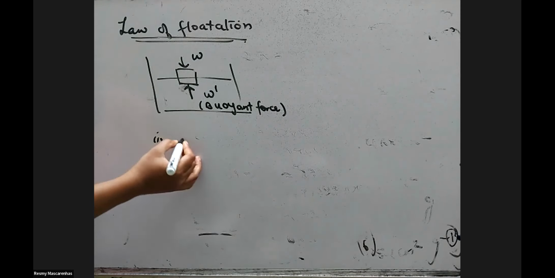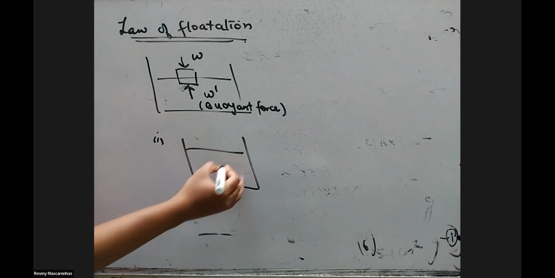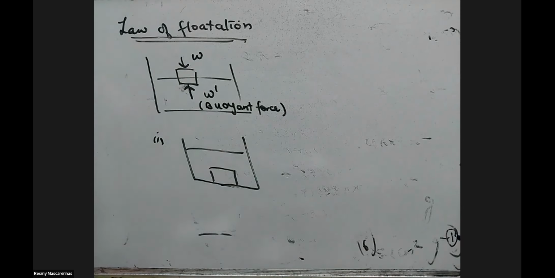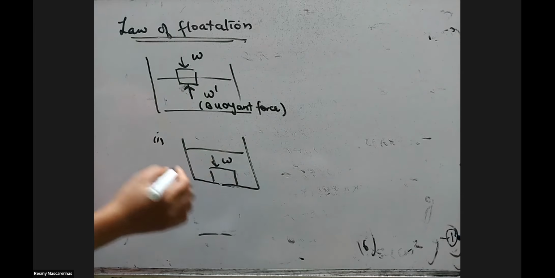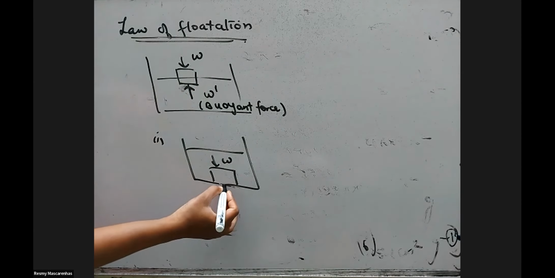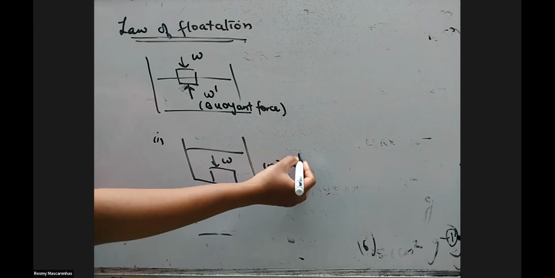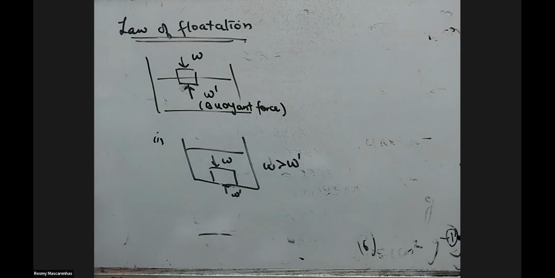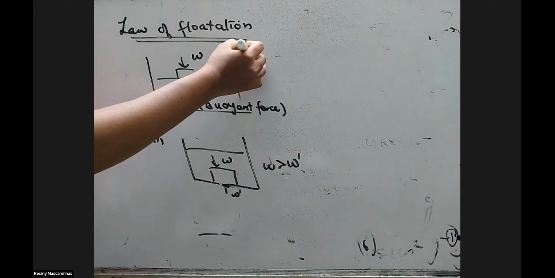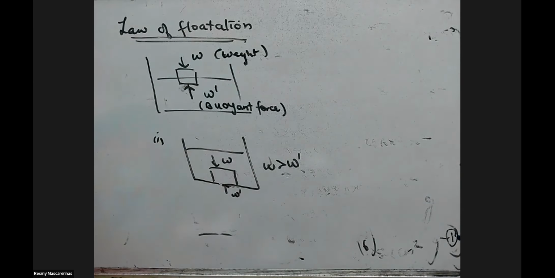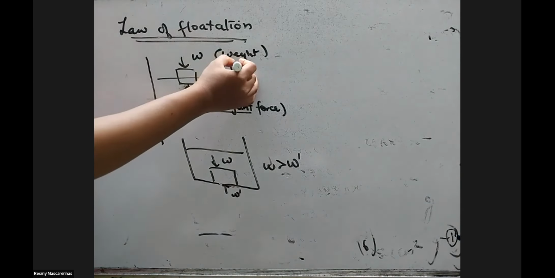The first one, this is going to sink completely. Then W is going to be greater than your buoyant force. The weight of the object is more than your buoyant force. This W is weight of the object, the weight of the body.